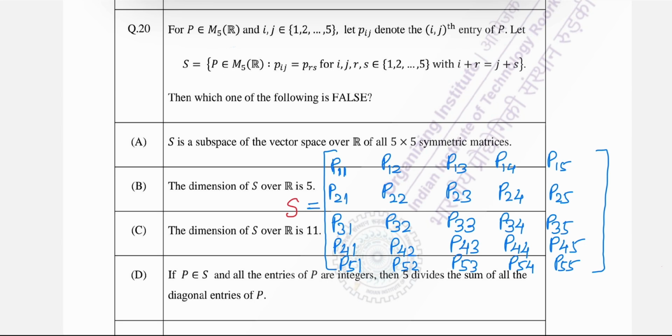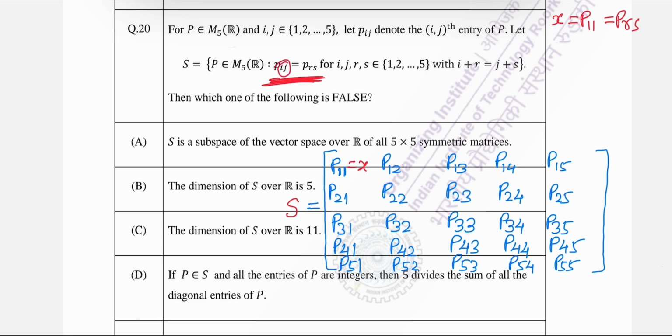So let us see the first entry. Suppose it is X. So X equals P11, and the first condition says this equals P_RS.